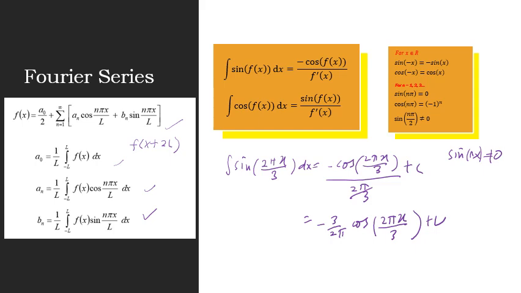But if x is other than a positive integer, it does not necessarily become 0 always. So for our own sake, we just assume that sine n x is not equal to 0 for all values.